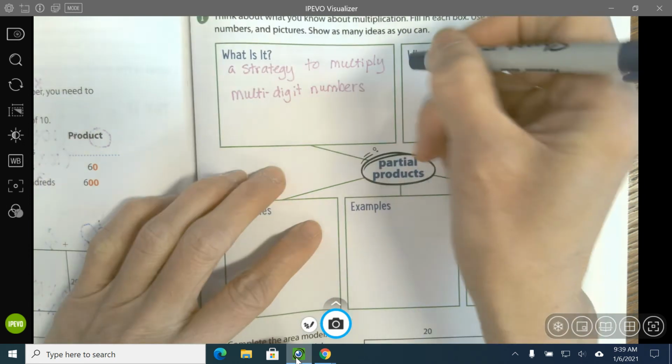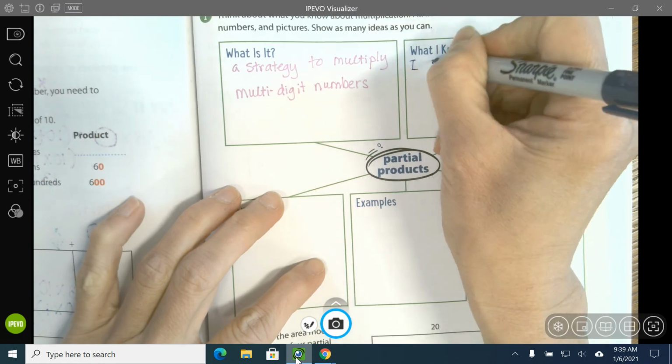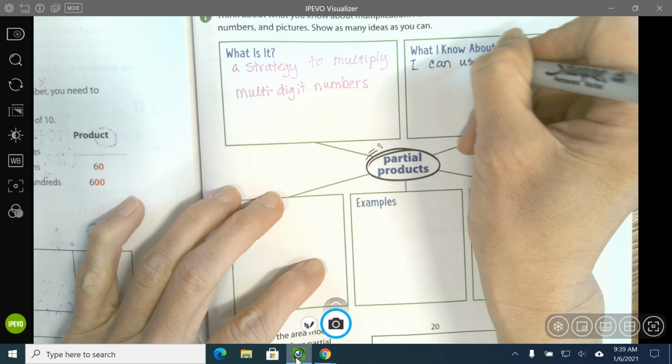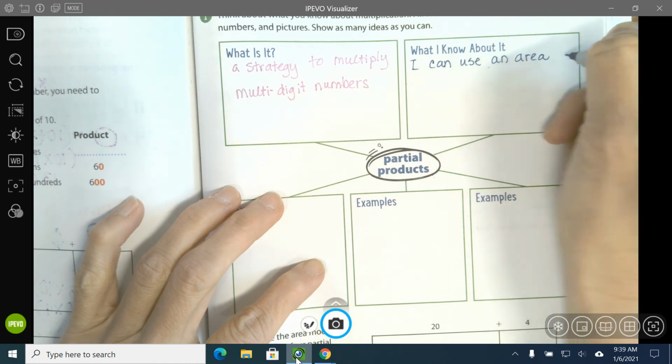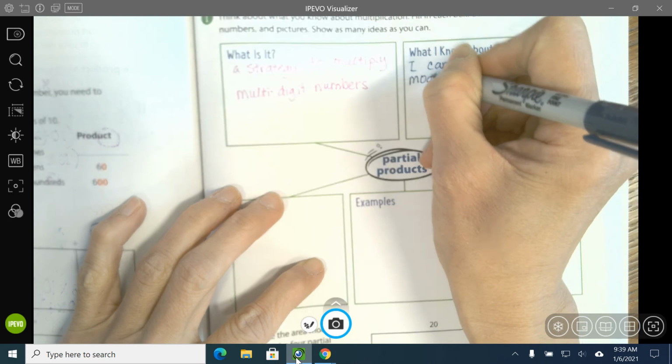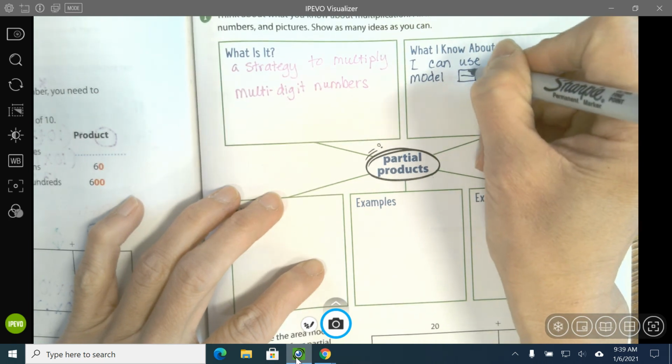I can use an area model. An area model, it's the last one that I showed you that looks like that.